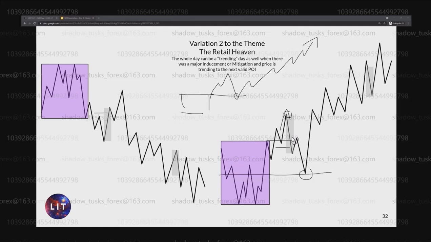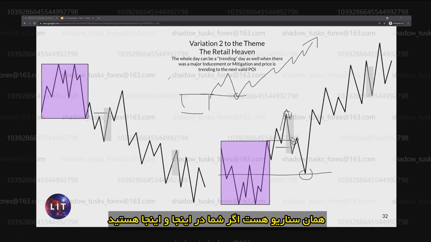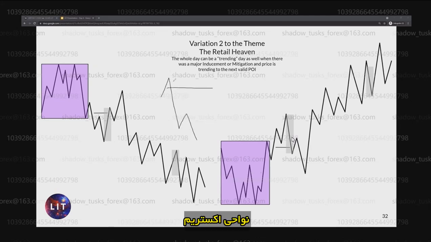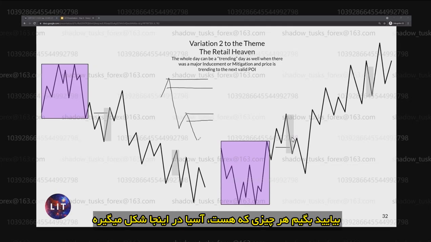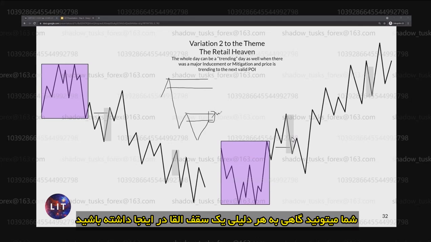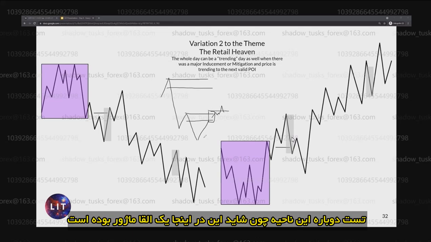Same scenario. If you are on here and here, extreme area, and this is your decisional area, let's say Frankfurt happens here, Asia happens here. You can sometimes, for whatever reason, have an inducement high retest of this area because maybe this was a major inducement.